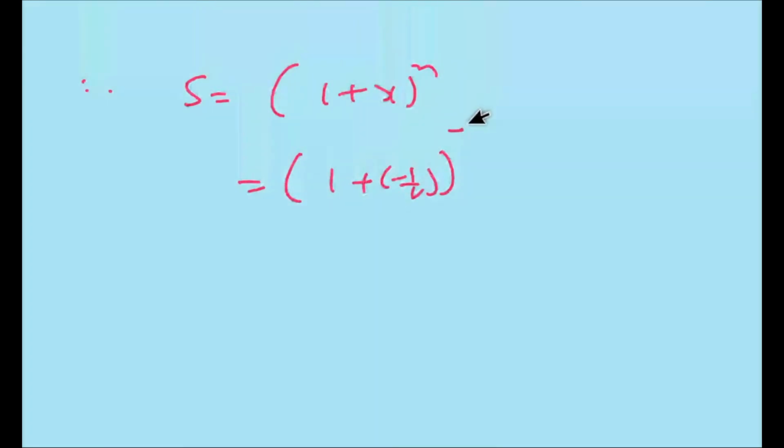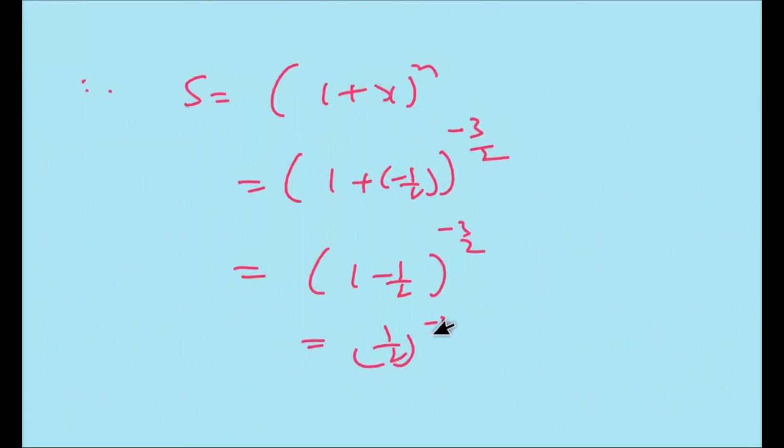Okay, hence s equal to (1 plus x) to the power n, and what is the value of x? That is minus 1 by 2, and n is minus 3 by 2. So your solution is (1 minus 1 by 2) to the power minus 3 by 2, and again you can solve this, isn't it?